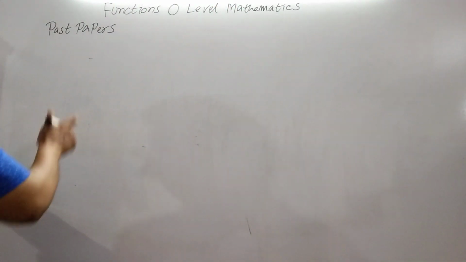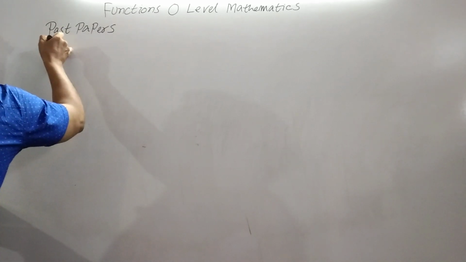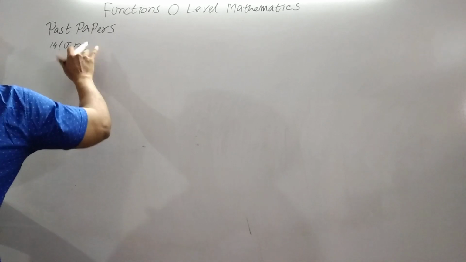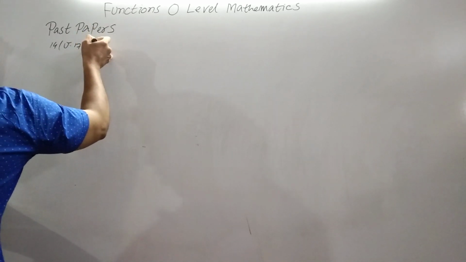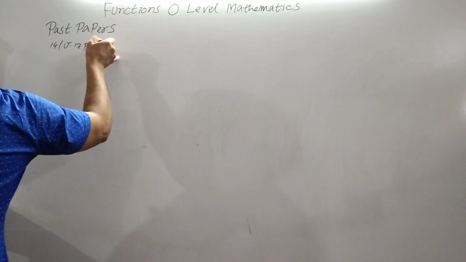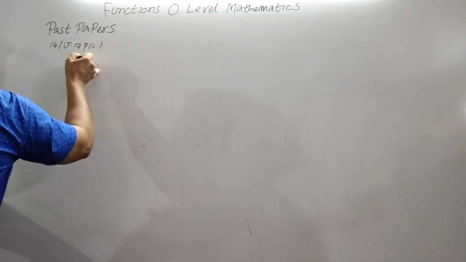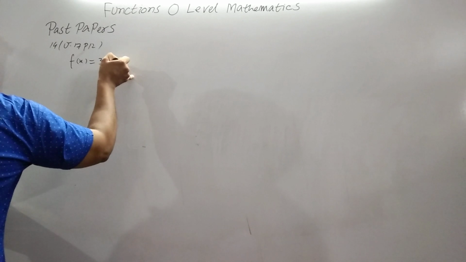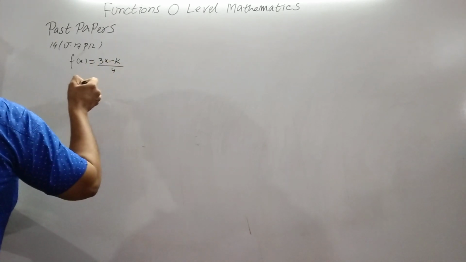June 2017. Question number 14, June 2017, Paper 1-2. The question is f(x) = (3x - k)/4.